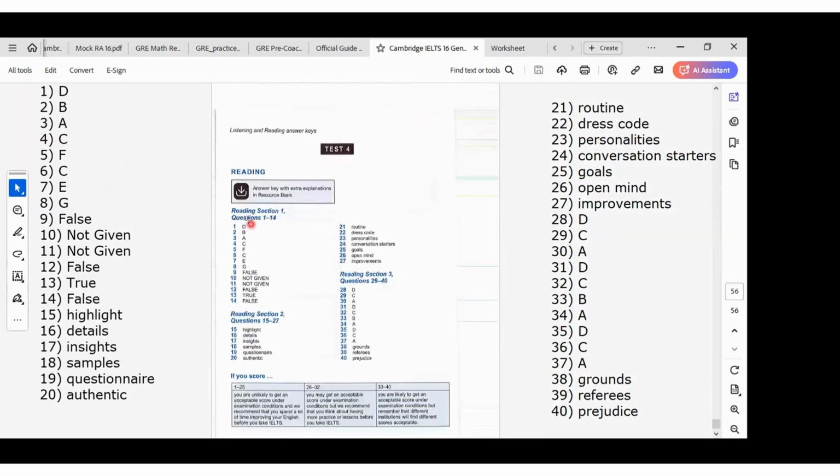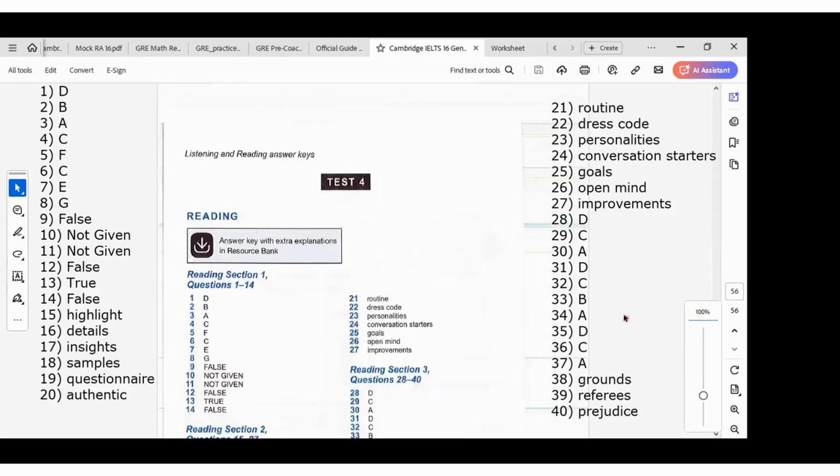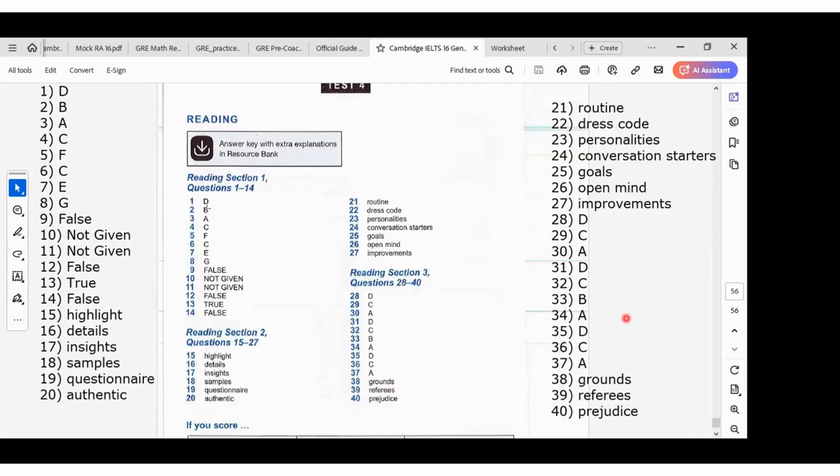Number 1: D, B, A, C, F, C, E, G. False, not given, not given, false, true, false. Everything from 1 to 14, correct.